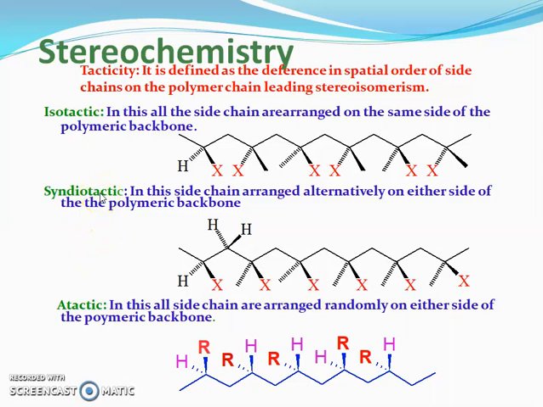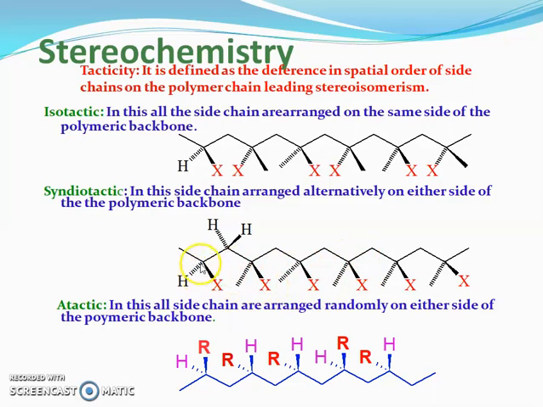Syndiotactic polymers are polymers in which the side chains are arranged alternately on either side of the polymeric backbone. This is called a syndiotactic polymer. Here the side chains are alternating.